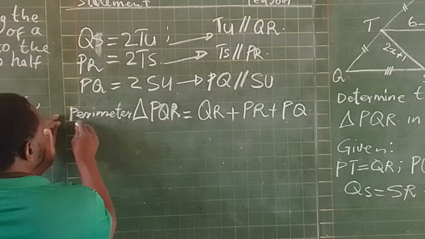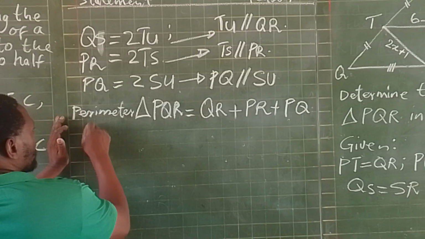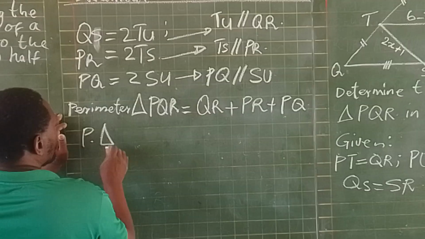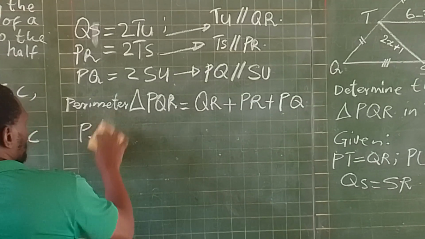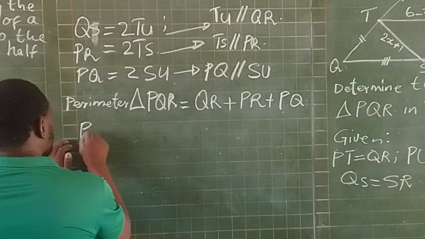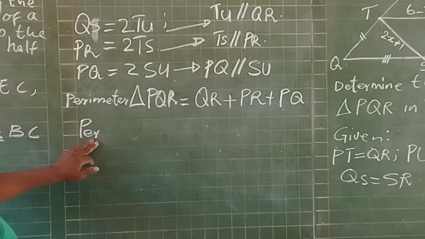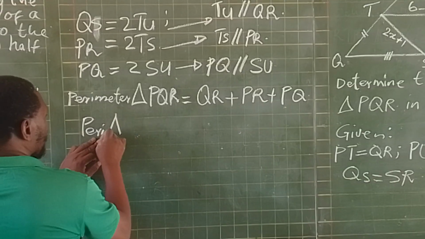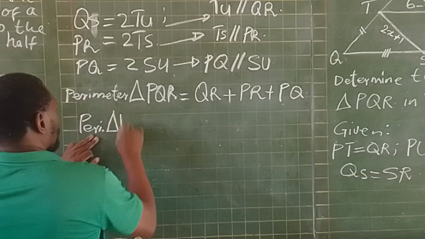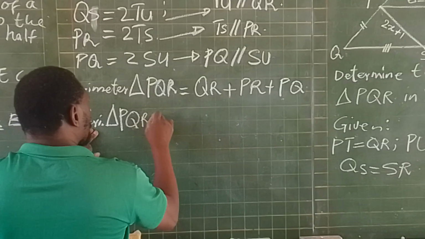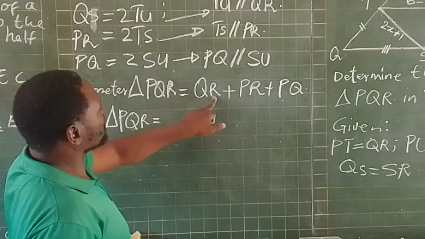Therefore, I will abbreviate perimeter as P. Perimeter of triangle PQR is equal to, what is QR?